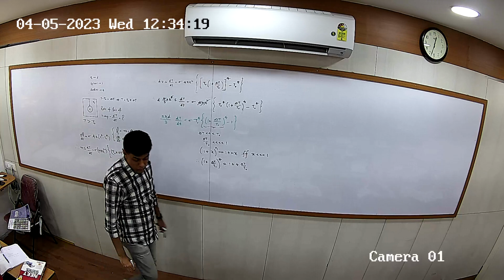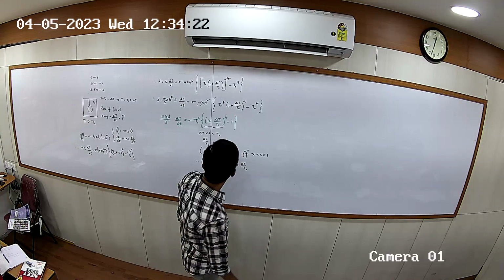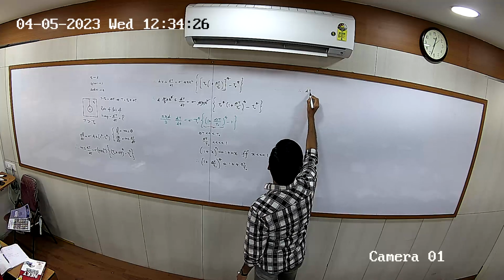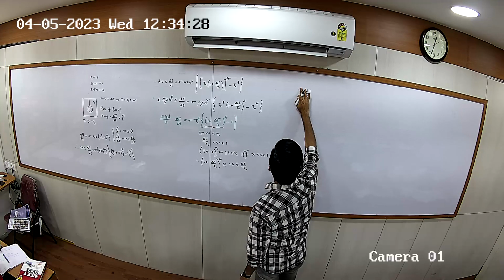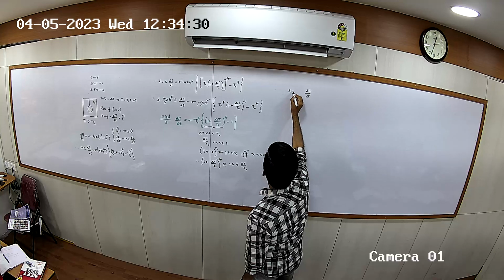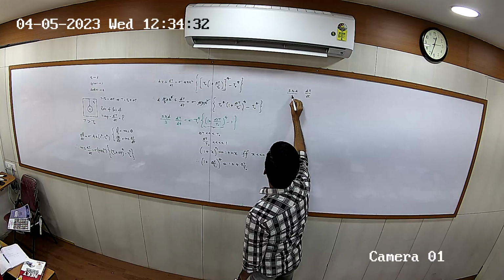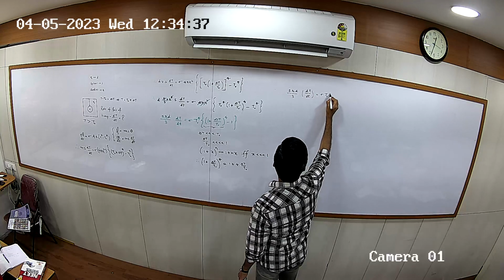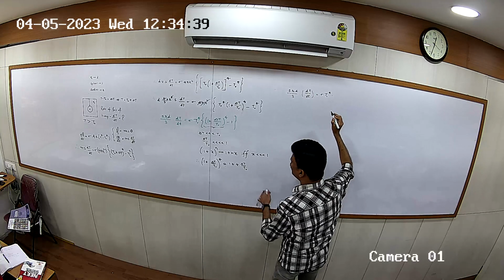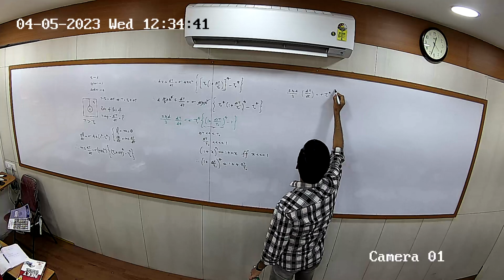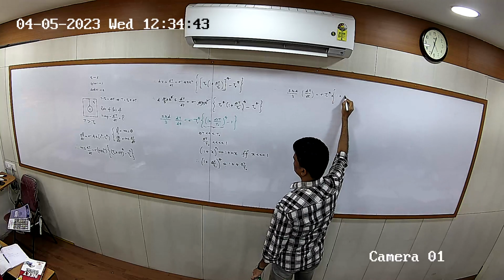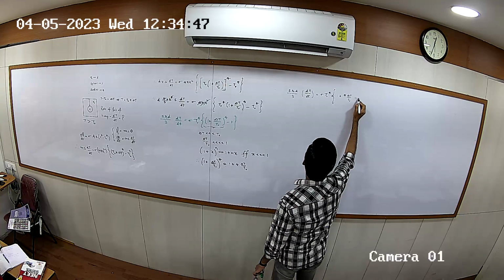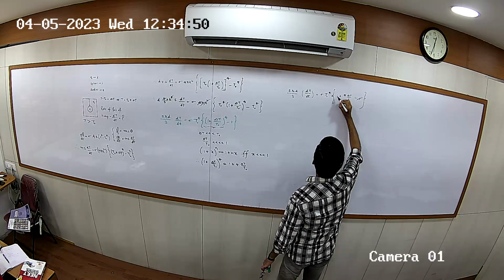T naught cube will be there in the final. Correct? So d theta by dt, and that's your d s r by 3, is equal to sigma T naught raised to 4 into 1 plus 4 delta T by T naught minus 1. This is gone.